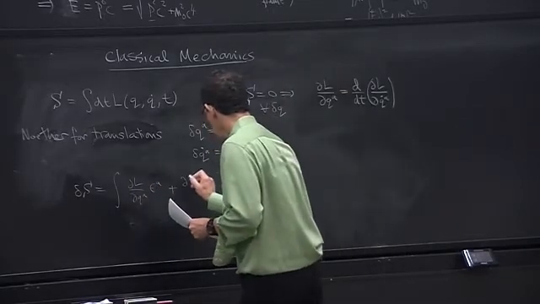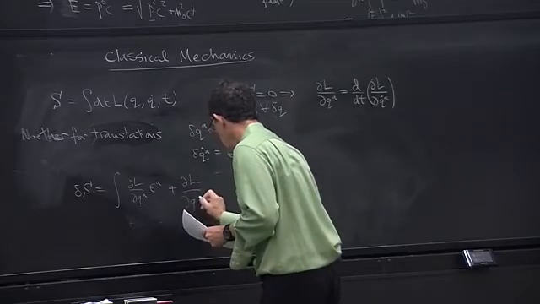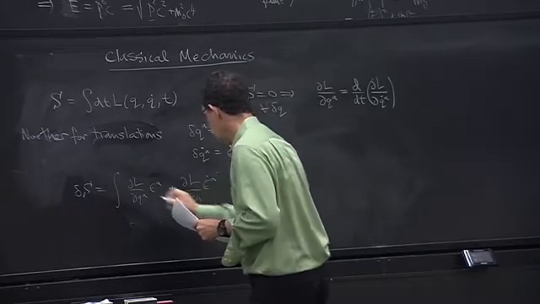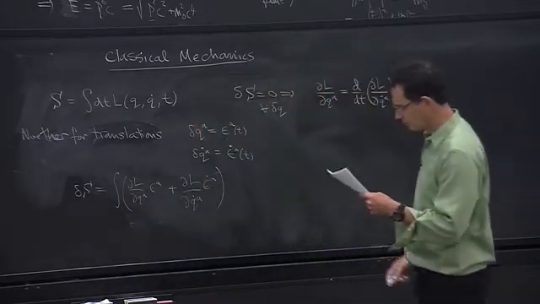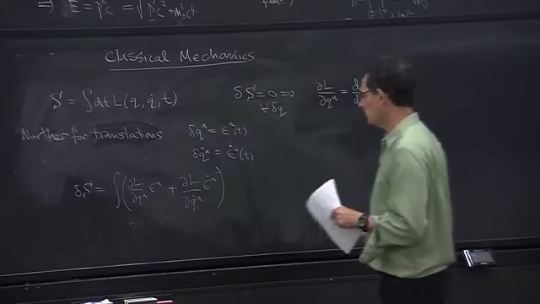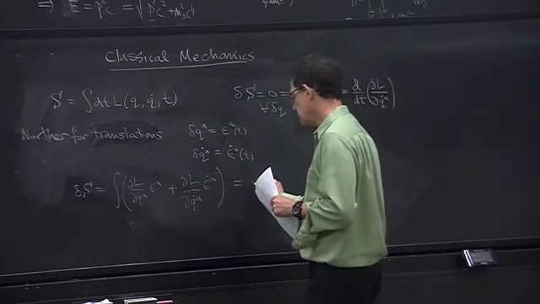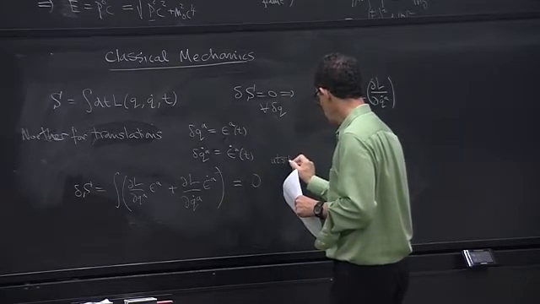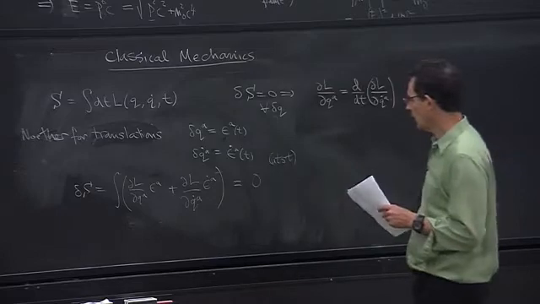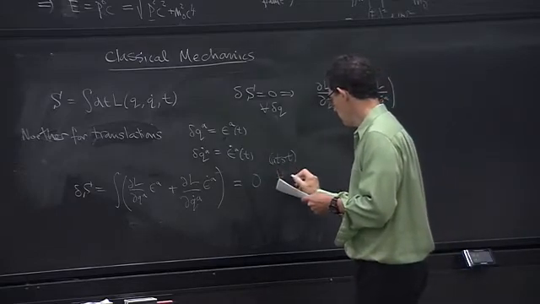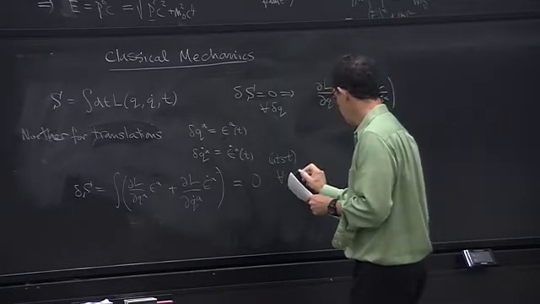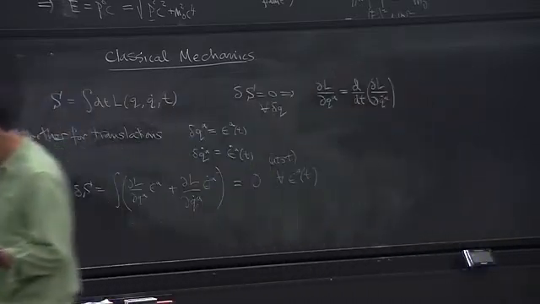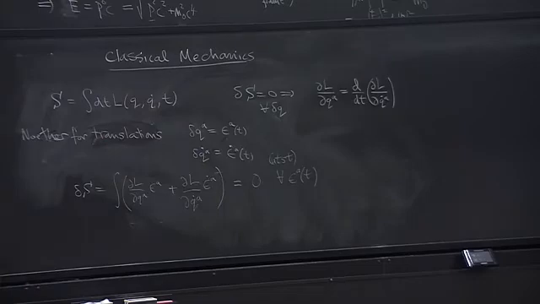And then I do the same with the velocity, partial derivative with respect to the velocity times the variation of the velocity, which is this guy. And what must be true is that this must be 0 up to surface terms, for all epsilon of t. This must be 0 by the equations of motion for all epsilon_a of t.